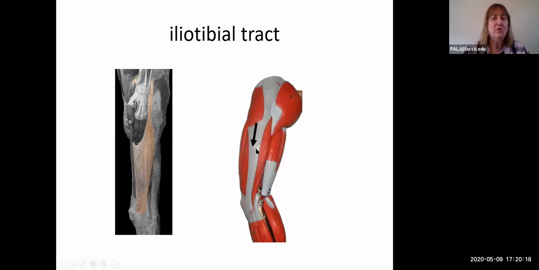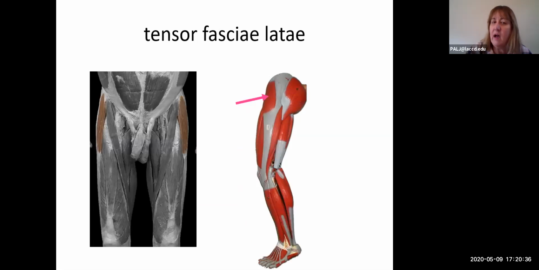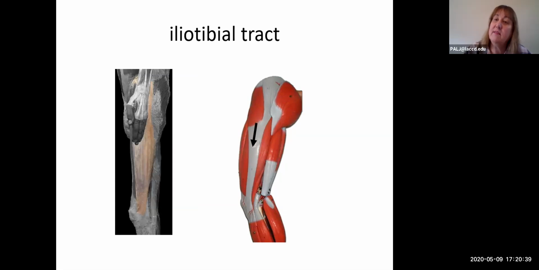So I want to point out 2 things before we move on. The first is, if you look at this laterally, you can see that the knee is off to your left, and you can see just above the knee that there are muscles clearly seen there. And I'm sure all of you would agree that that would be the vastus lateralis that you're seeing just anterior to it.